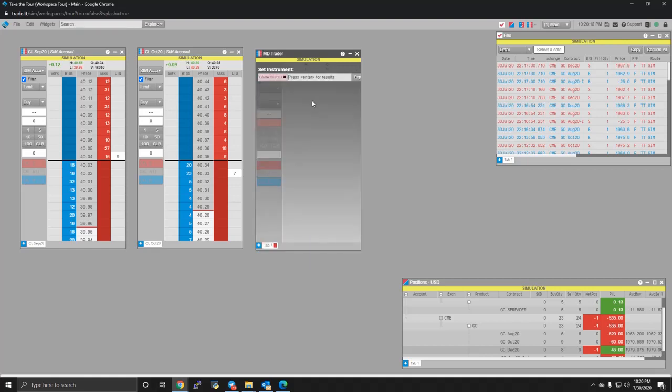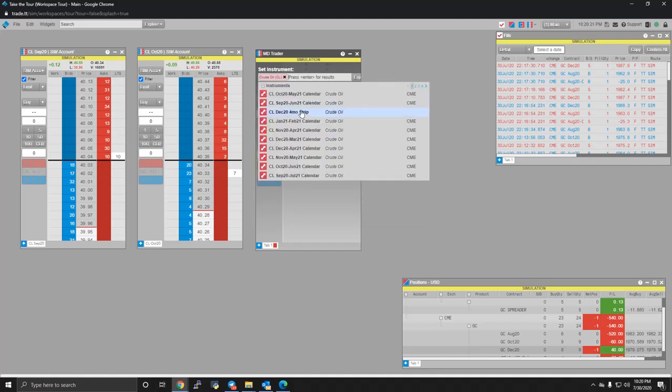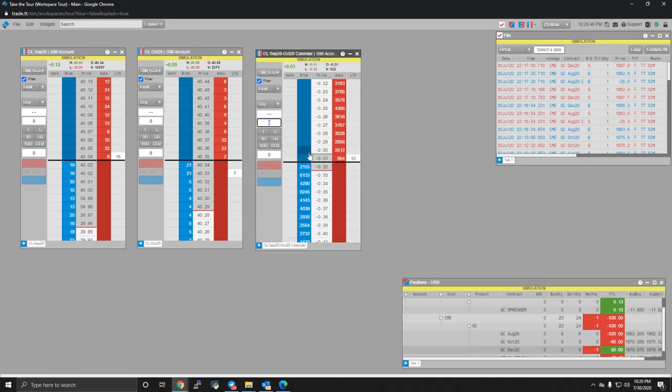CL spreads, SEP-OCC. SEP 20 OCC 20. There it is. Okay, here's the calendar spread for SEP 20 OCC 20.